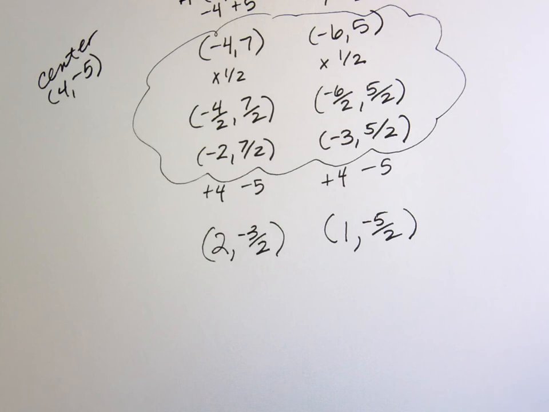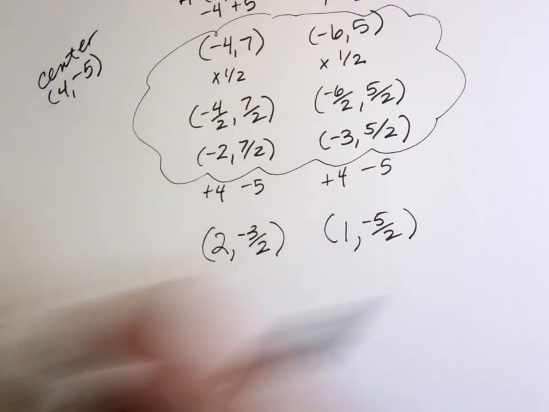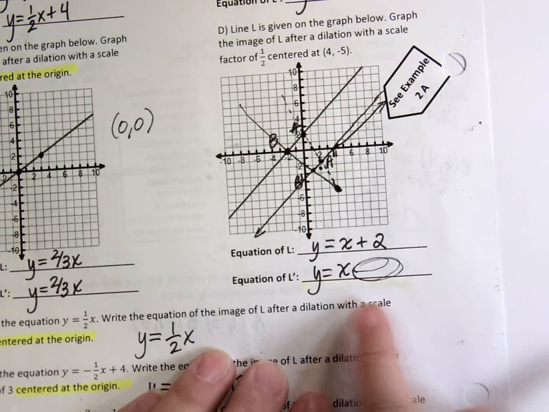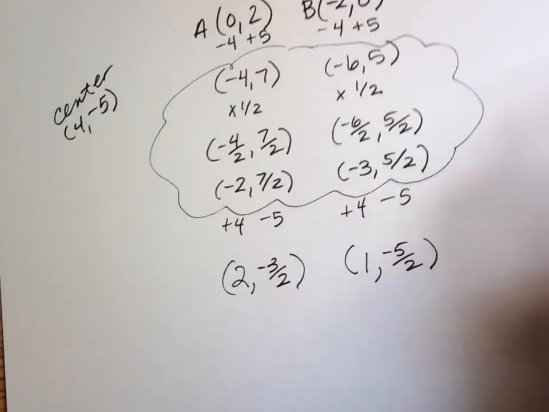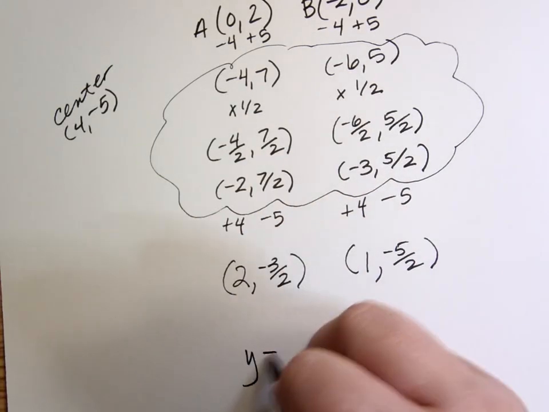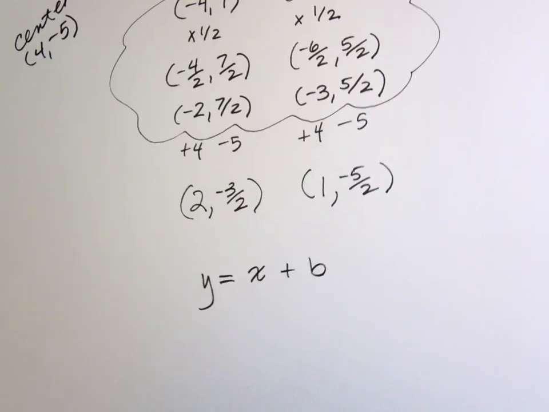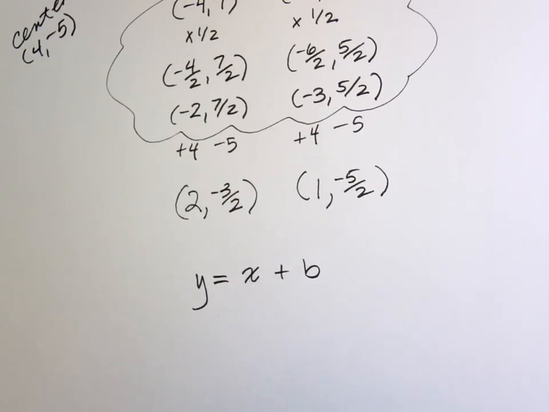If I want to know where the line is, I already know the slope, and that's the beauty of this. Remember that any dilation moves it so that it's parallel to the old one. So I already know that it's y equals positive 1x plus some y-intercept. I just don't know the y-intercept. You could use the point-slope form here, but I'm just going to plug in one of these 2 points and find the y-intercept.